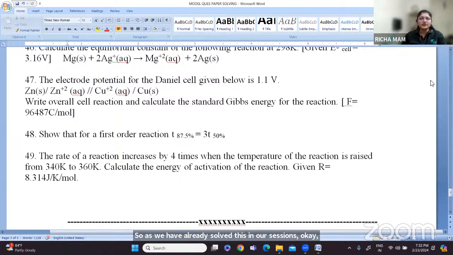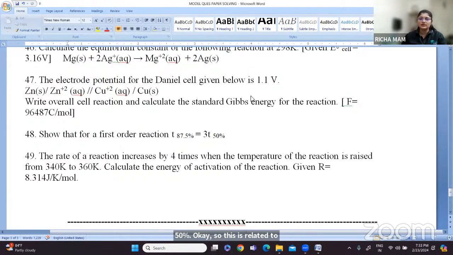Next question, 48th question. Show that for a first order reaction, t 87.5% is equal to 3 times t 50%. So this is related to first order reaction.